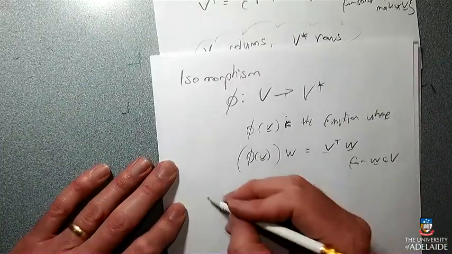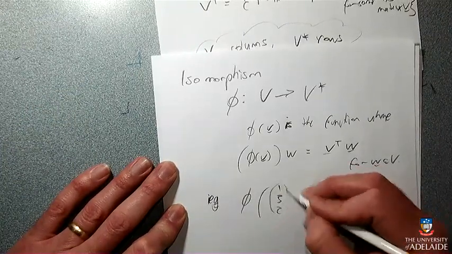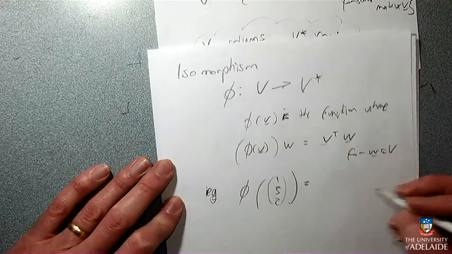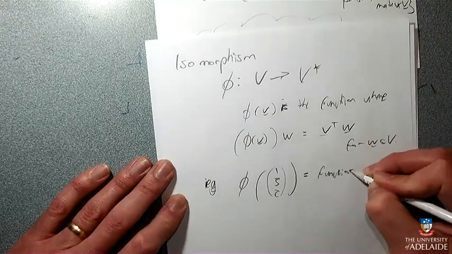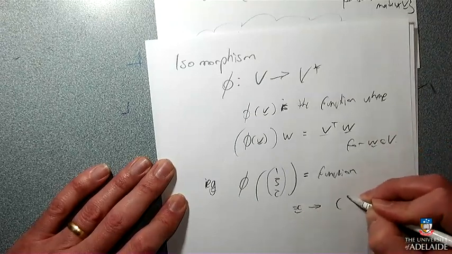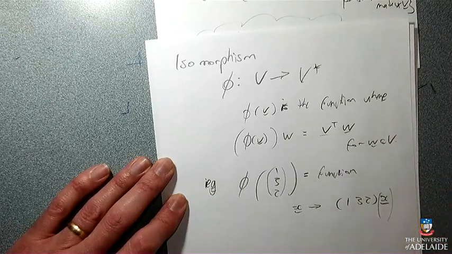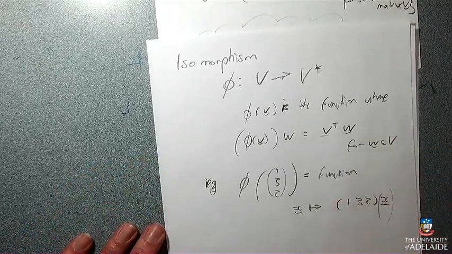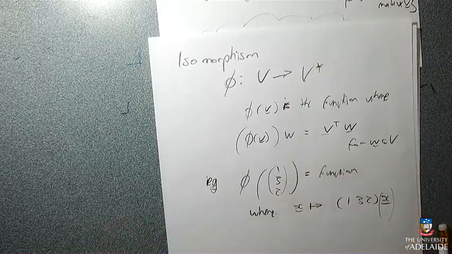So basically, e.g., phi of the vector 1, 3, 2 is the function which sends x to 1, 3, 2 as a row times x as a column. That becomes really hard to talk about at all and write on paper, doesn't it?